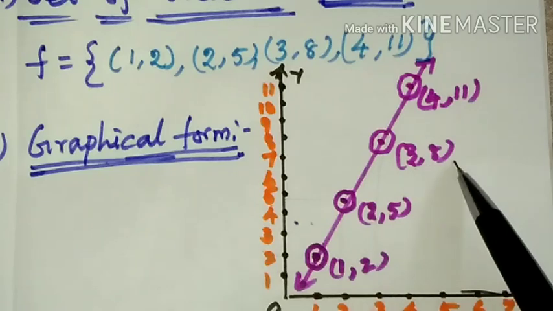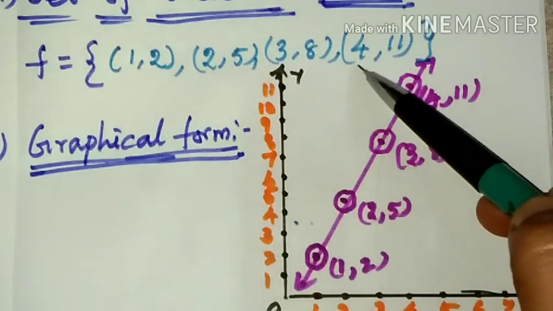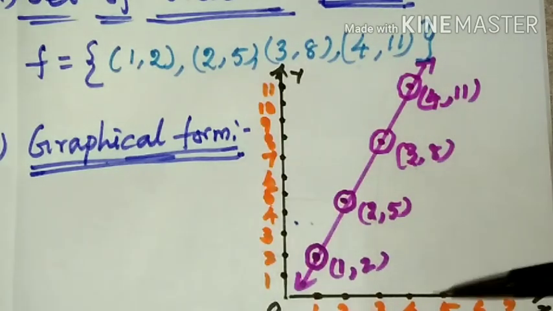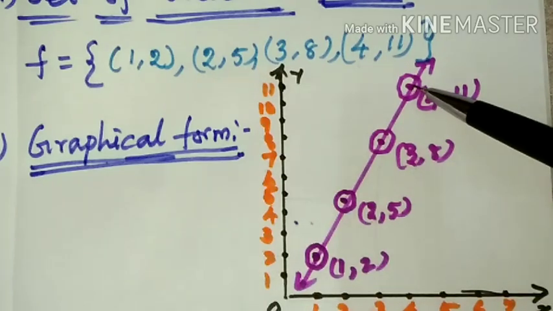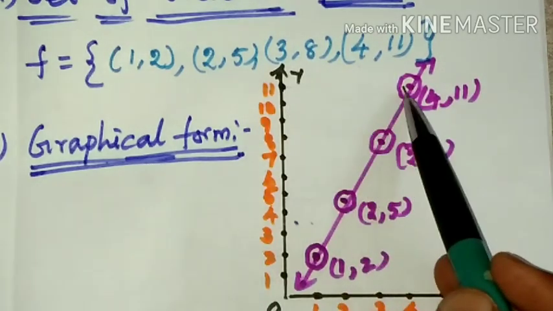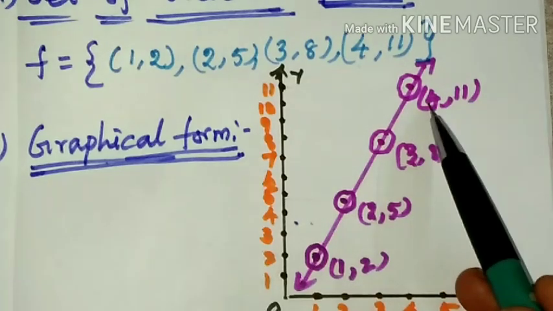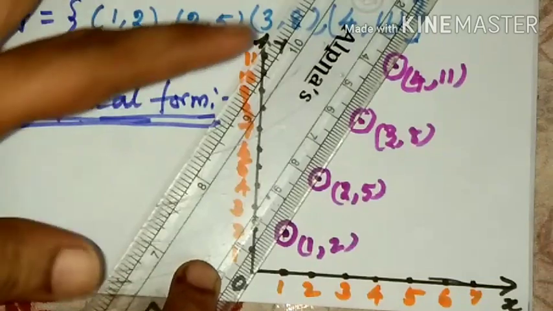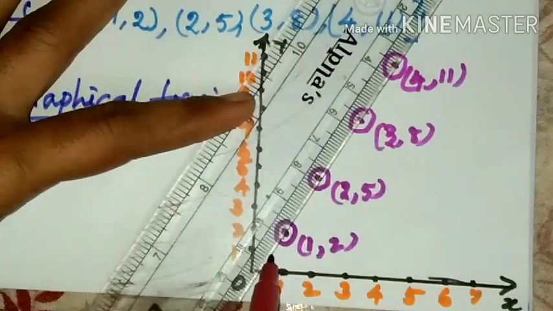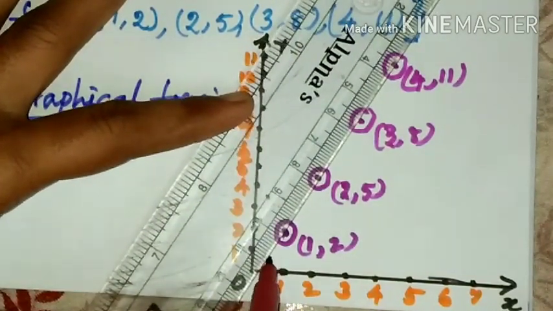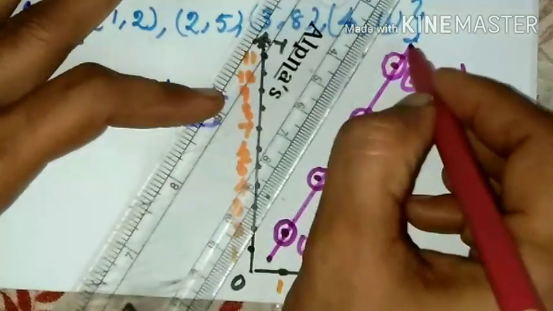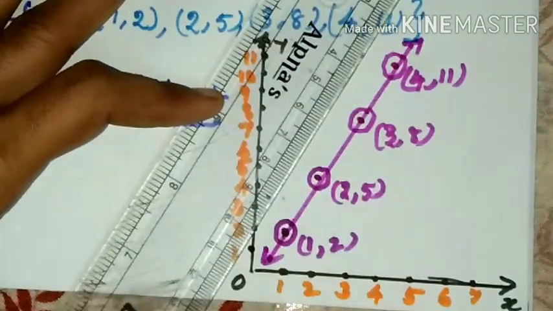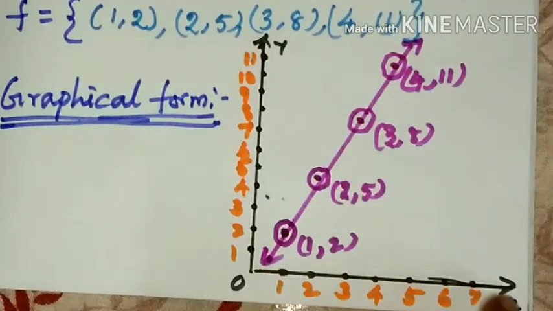We get 3, 8. Then the last point 4, 11: 4 on the x coordinate and 11 on the y coordinate. We get the point 4, 11. Now you join these points using a scale. We get a graph. This is the graphical form.